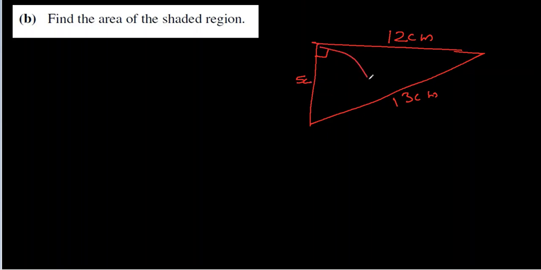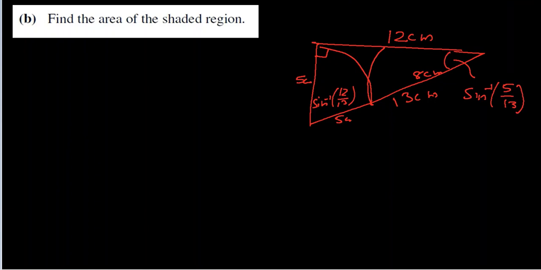Then we have a sector that we have to remove, whose radius is 5 centimeter. Then we have another sector which we have to remove, and its radius is 8 centimeter. This angle is sine inverse 12 over 13. This angle here is sine inverse 5 over 13.